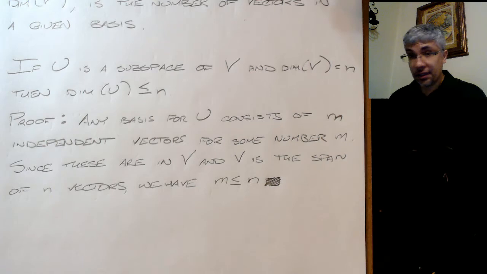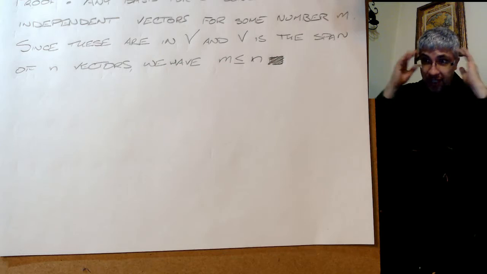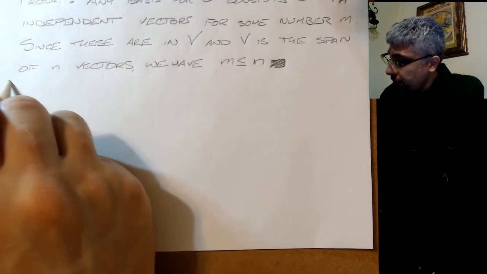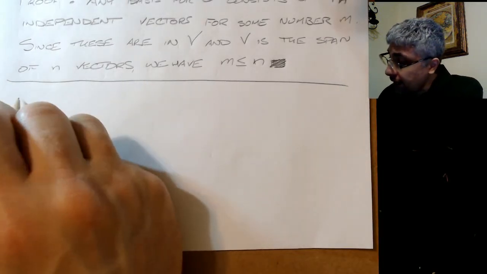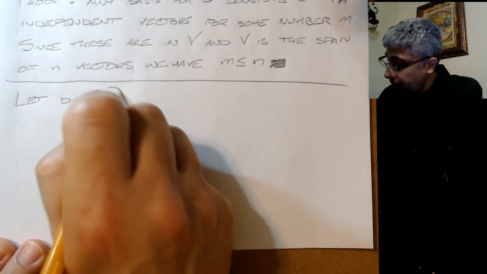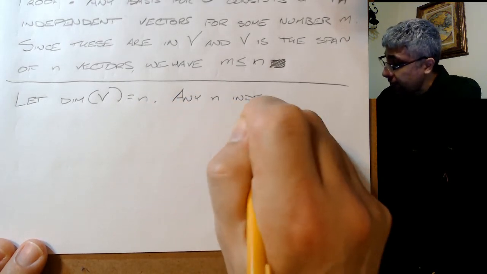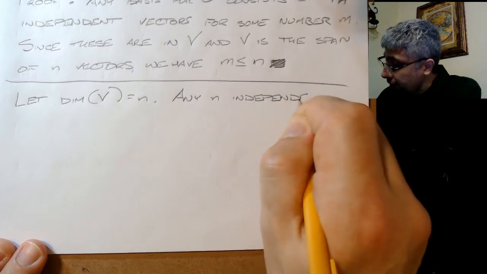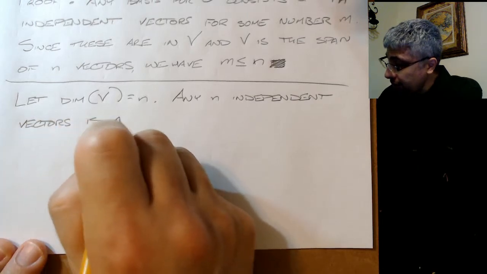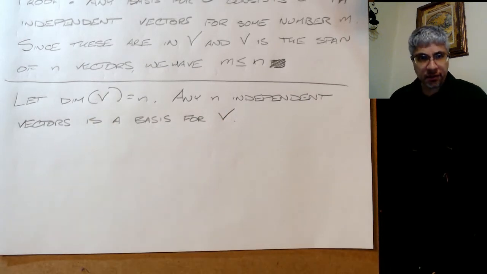The next result is maybe a little more surprising. That's a little obvious. I mean, we're taking a subspace, you think smaller, so you'd expect maybe the number to be lower. But here is a very important result. Let the dimension of V be n. Any n independent vectors is a basis for V. So what does it mean for the dimension of V to be n?